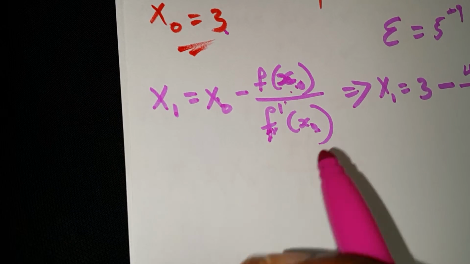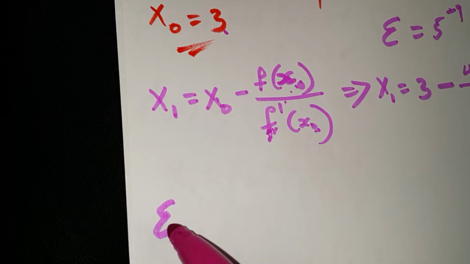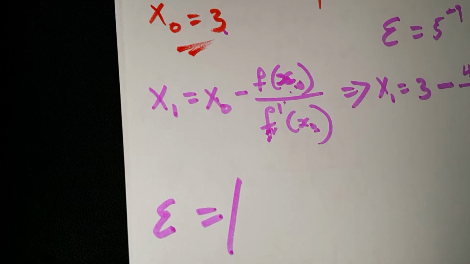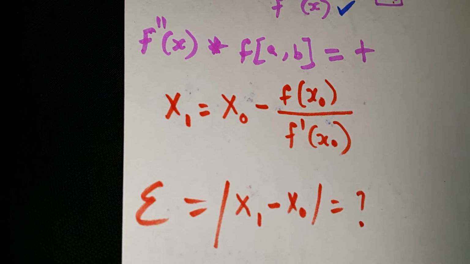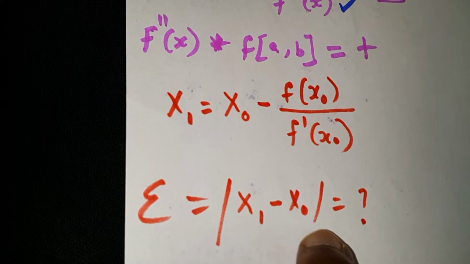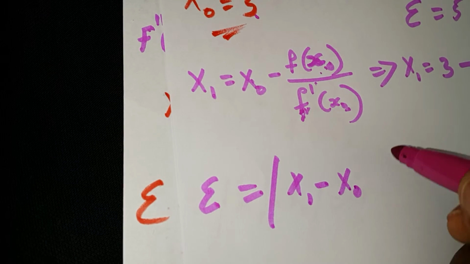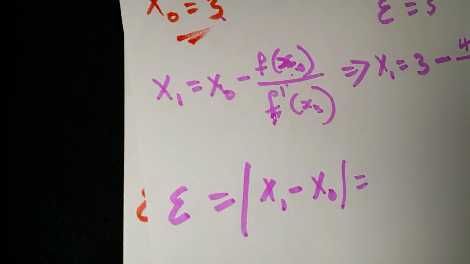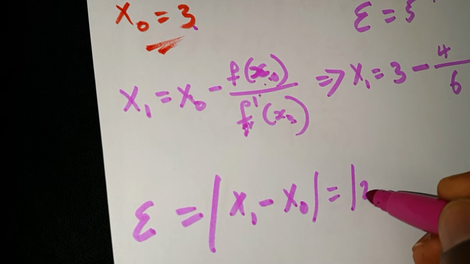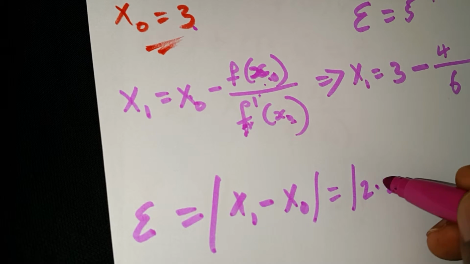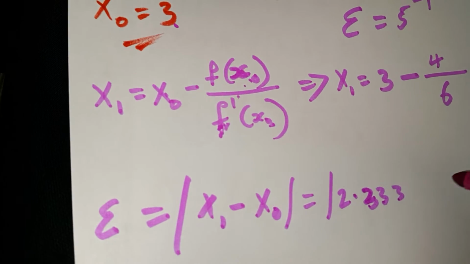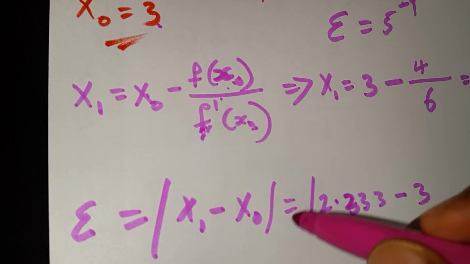So from here, our error is equal to, from here I've shown you the formula for error, x1 minus x0. So what is our x1? We say x1 is 2.3333 minus 3, which is our x0.